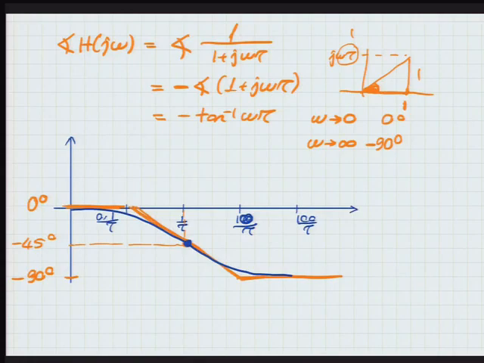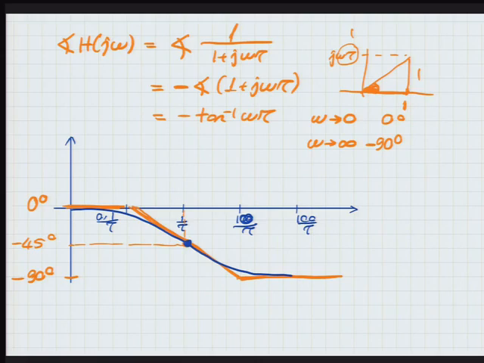So going from pole to zero is very easy. You basically change the sign of both the magnitude plot and the phase plot. So instead of going from 0 to negative 90 over 2 decades, you go from 0 to positive 90 over 2 decades. And at 1 over tau, you reach the value 45 degrees. I'm not going to draw that again because I assume you can imagine flipping this plot relative to the horizontal axis. Yes? Change the sign.